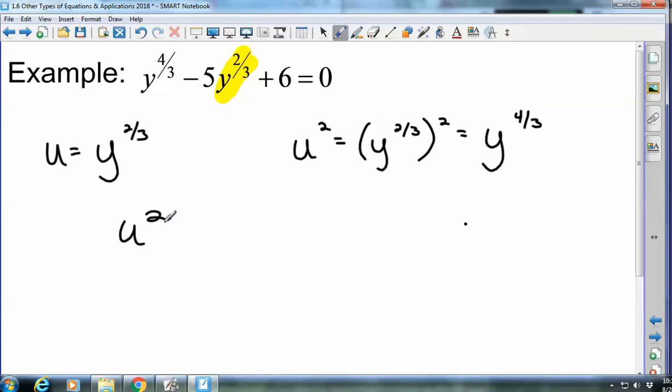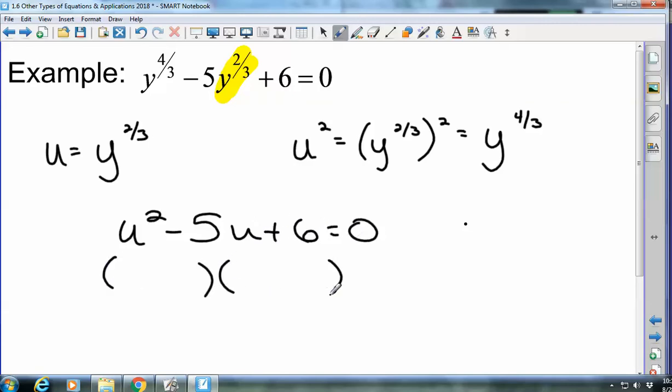Y to the 4/3 is getting replaced with u squared minus 5. Y to the 2/3 is getting changed to u. Let's say equals 0. Multiply to 6, add to negative 5.